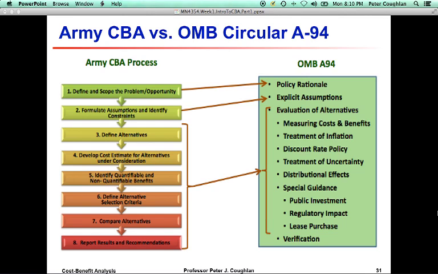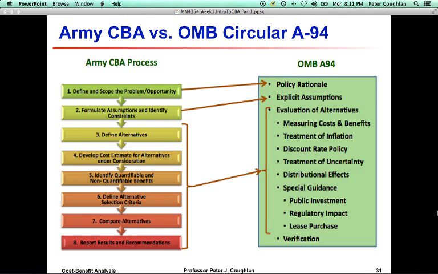But before going through those steps in detail, I want to point out the parallels between this approach to decision making and others. For example, the OMB A-94 circular talks about the steps in cost-benefit analysis, and they talk about policy rationale, explicit assumptions, evaluation of alternatives, and verification.